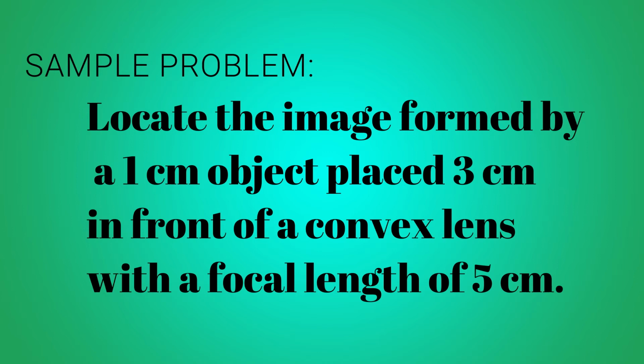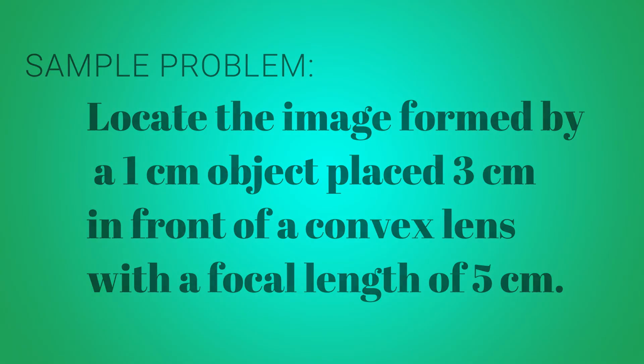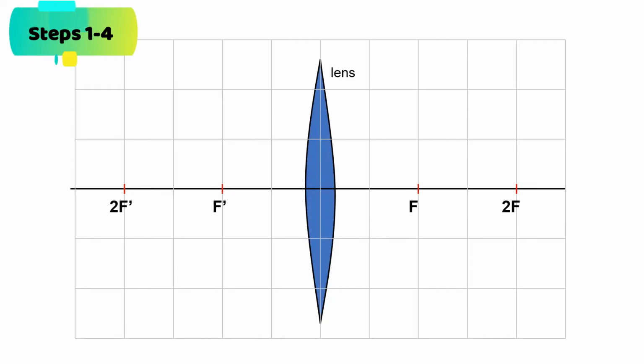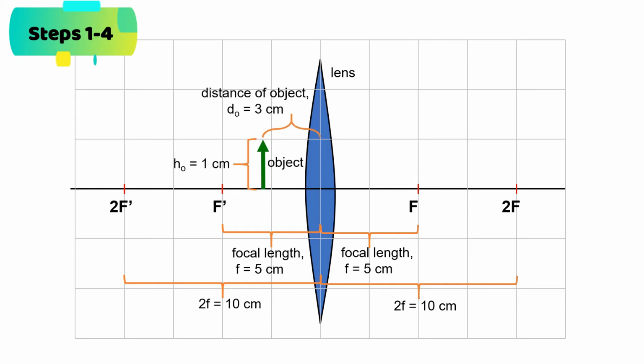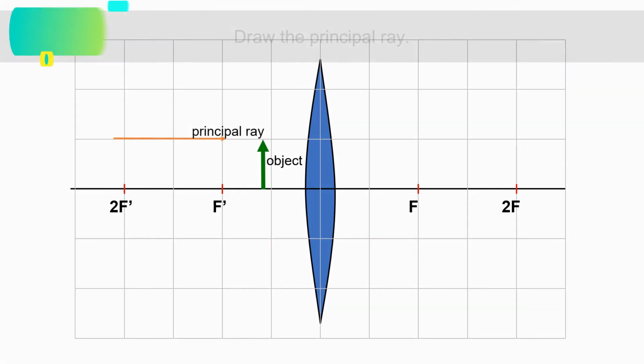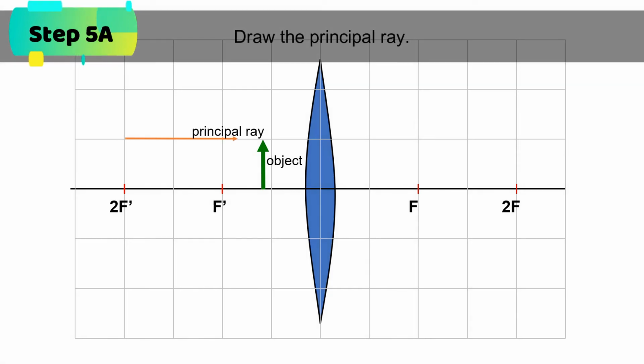Say we maintain other parameters, but we move the same object closer to the lens at 3 centimeters. Notice that the object is now between the focus and the vertex. Our procedures will still remain the same. We still do procedures 1 to 4.